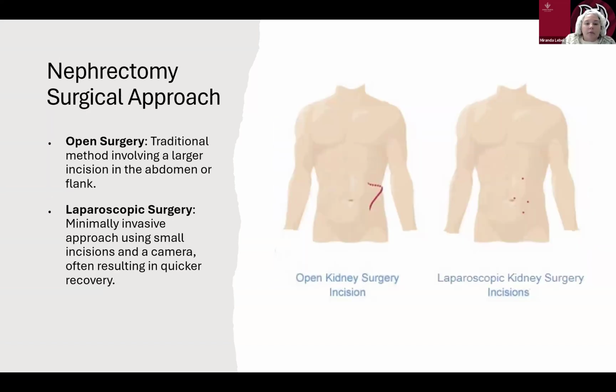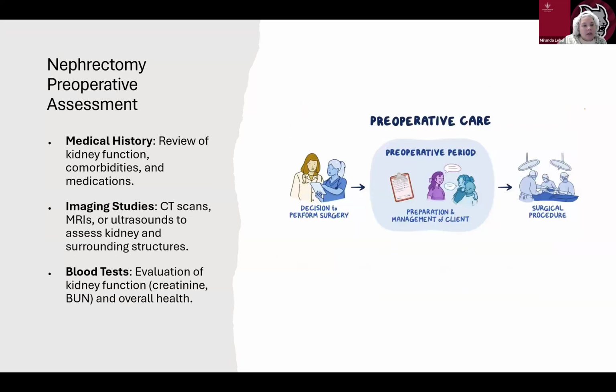The nephrectomy surgical approach, and I have 2 incisions here that you would have to monitor as a nurse based on the approach they choose. So we have open surgery, the traditional method involving a larger incision in the abdomen or flank, and then laparoscopic surgery, a minimally invasive approach using small incisions and a camera, often resulting in a quicker recovery.